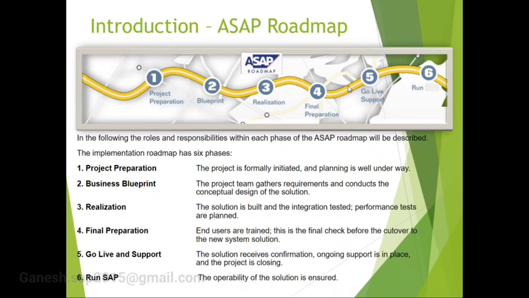What is the volume of the warehouses? How much work are we going to expect? Based on that, they will decide how many WM consultants are required and how many custom developments can be implemented. All these at a high level, they take a decision to have a roadmap of the total project, and how much duration it may take.